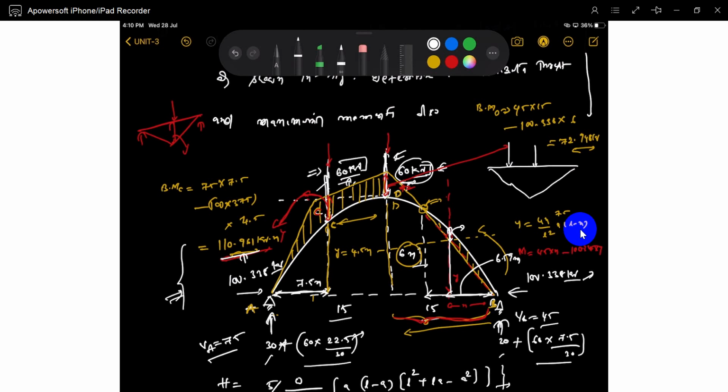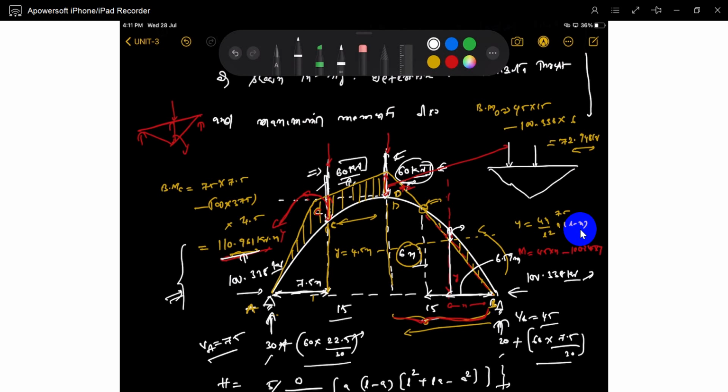So what is the purpose of getting the maximum moments? Sir, if you want to design to sustain that moment, we have to design a cross section. Later we will go through RCC. Whether it is positive or negative, we have to design for the maximum moment. This is 110.961, and the maximum negative moment is 116 point something.